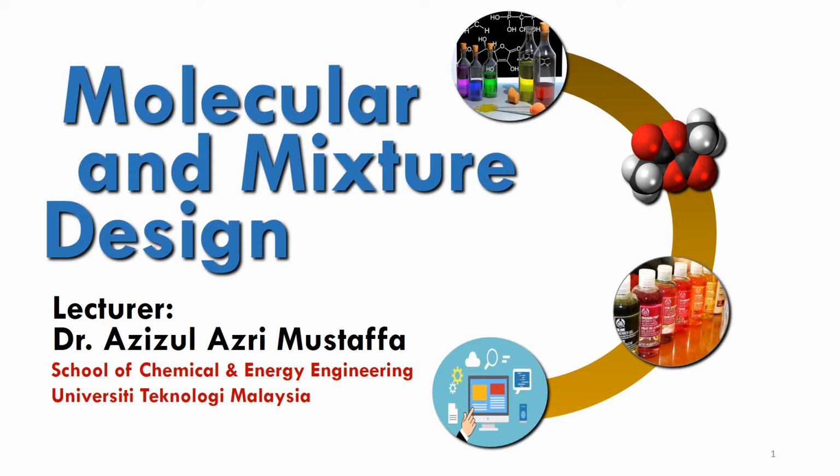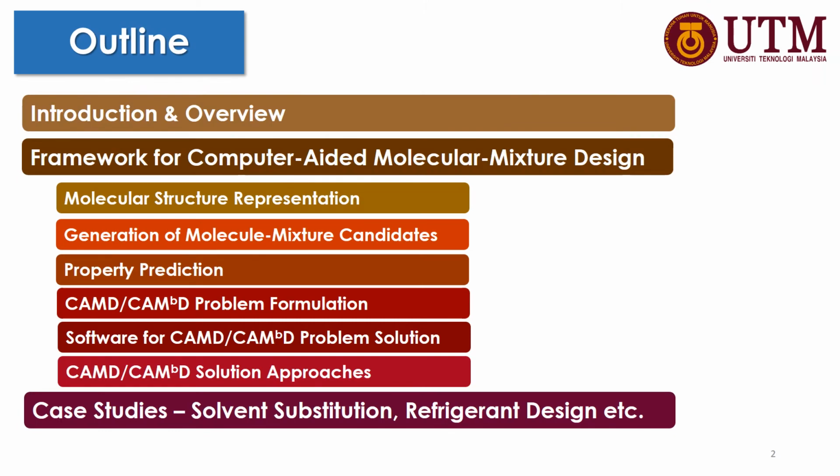So basically we will continue our lecture series on molecular and mixture design, and let's see where we are now in this chapter. We have discussed the framework with 5 steps: problem formulation, method selection and constraint selection, the knowledge base, and the translation of the problem formulation into measurable properties.